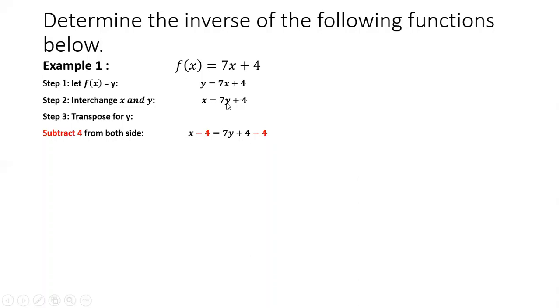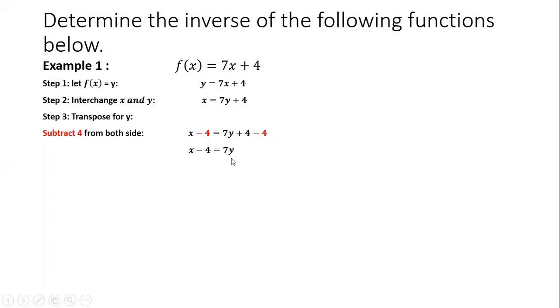And this is how you would write it, as x - 4 = 7y + 4 - 4. Then at this stage, all you will do is to just simplify. So when you simplify, what you would end up with is just x - 4 = 7y.